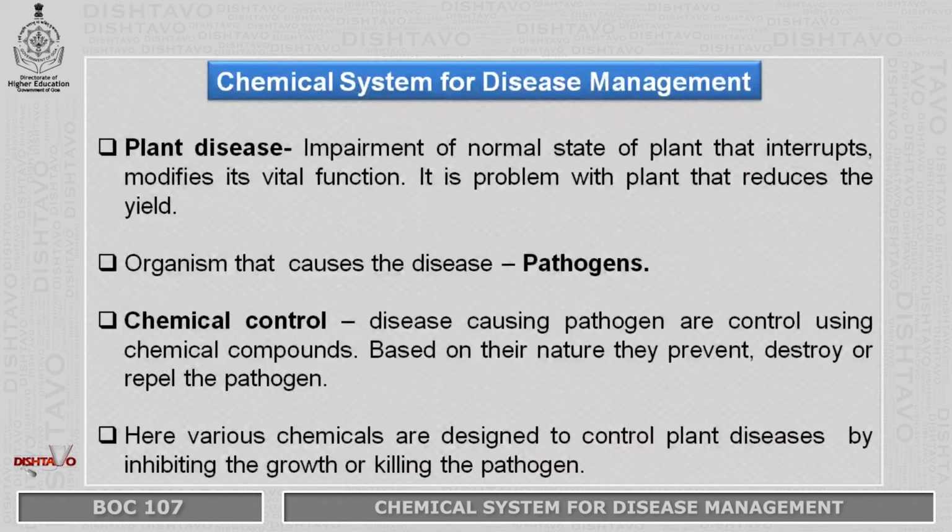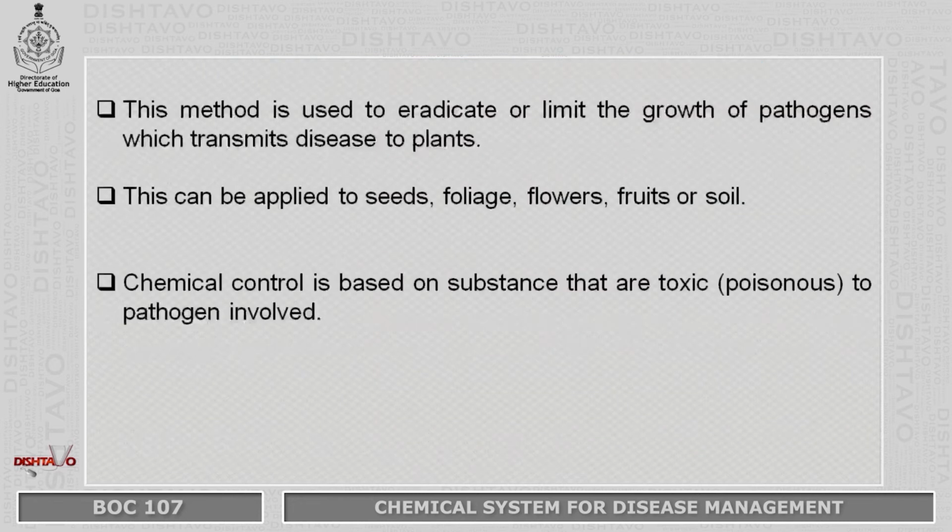Coming to chemical control, disease-causing pathogens are controlled using chemical compounds based on their nature, how they prevent or how they destroy or repel the pathogen. So here various chemicals are designed to control the plant diseases by inhibiting their growth or killing the pathogen.